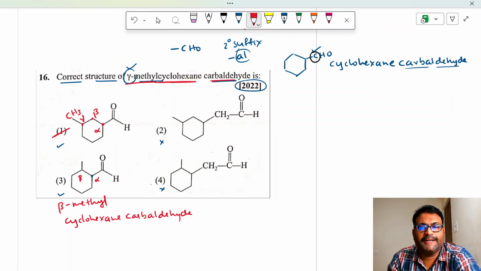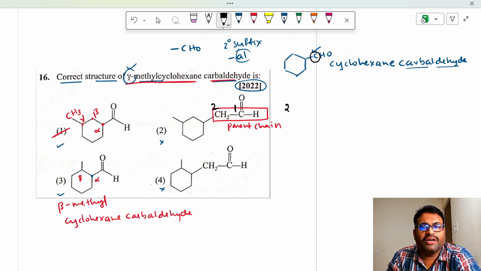Second one, if you see, actually this will be the parent chain. If this is the parent chain, if you go with the numbering 1, 2. At the second carbon atom, again there is branching in the side chain. This cyclohexane comes under the substituent.